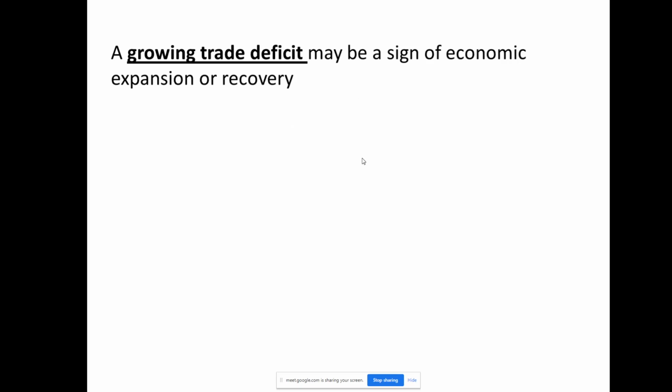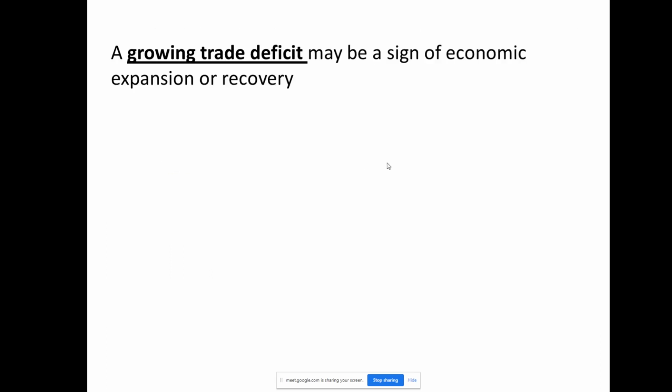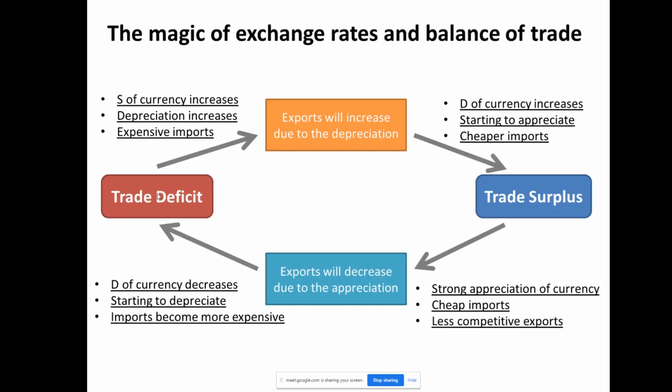But this is something you always have to remember: a short-term trade deficit may be a good thing, because it will transit from this one here to here and then go back to trade surplus.